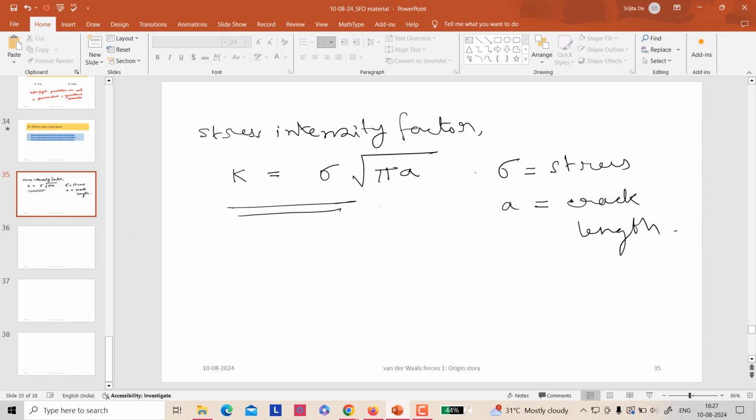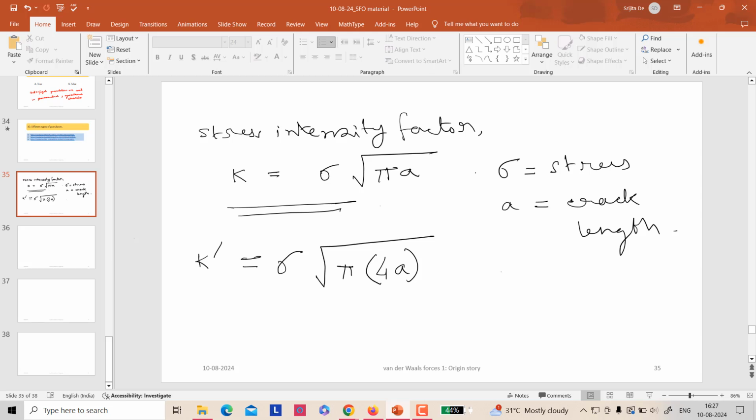So what will happen in the second case? Suppose in the second case, stress intensity factor is K prime and the stress applied is the same, that is sigma only, and under the root this is pi, but here it is said the crack length increases by 4 times, right? So we are writing it as 4a, right?